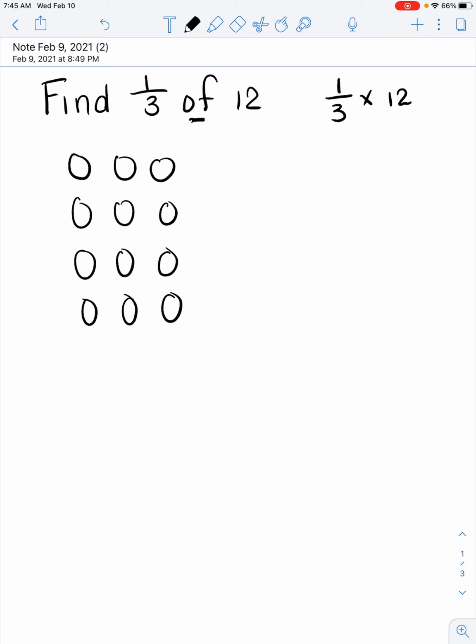And if I want to find 1/3, that means 1 out of 3 if we remember our ratios. So if I were to shade in 1 out of every 3, you can see that 1/3 of 12 is equal to 4.